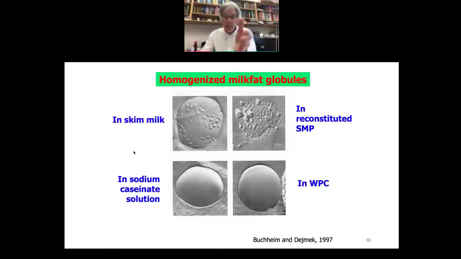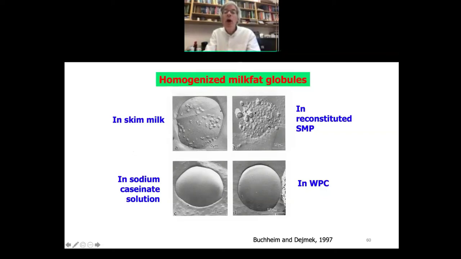So if we make recombined milk or reconstituted milk by homogenizing butter in skim milk powder, we're going to have something that looks very much like the original droplet that would be from homogenized milk. But that depends in part on the heat treatment of the skim milk powder during its manufacture.